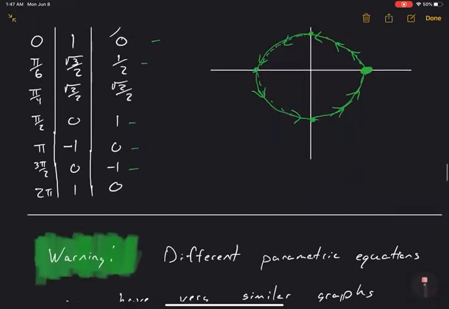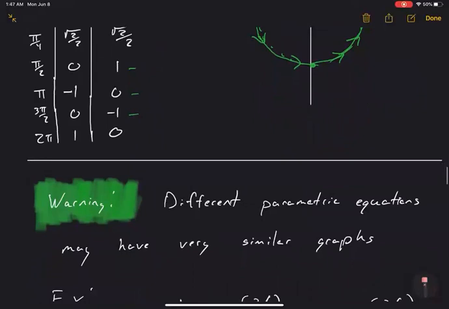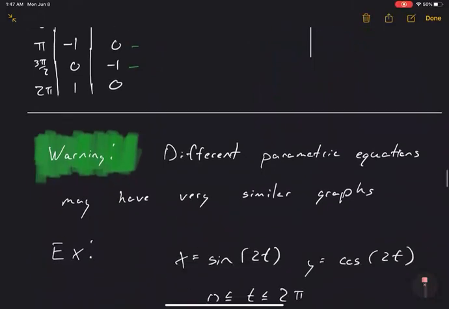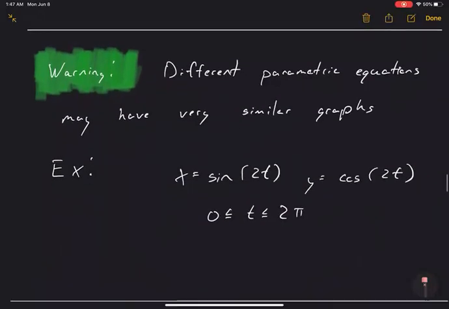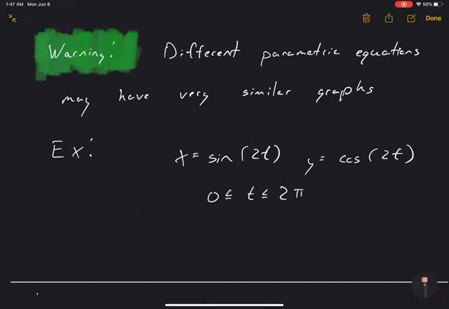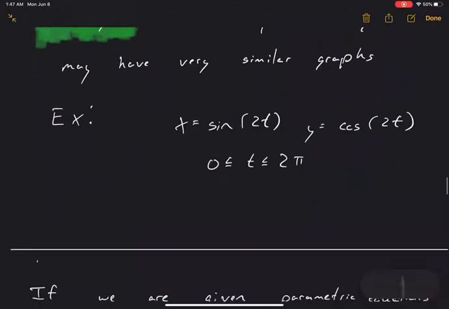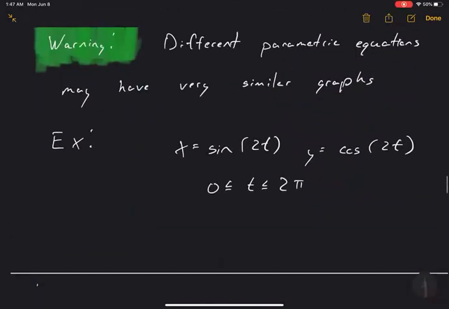Now, word of warning: different parametric equations can give similar curves, and sometimes the exact same curves. So what about x equals sine of 2t, y equals cosine of 2t? Okay, this would be the same circle. I'll invite you guys to do this on your own.